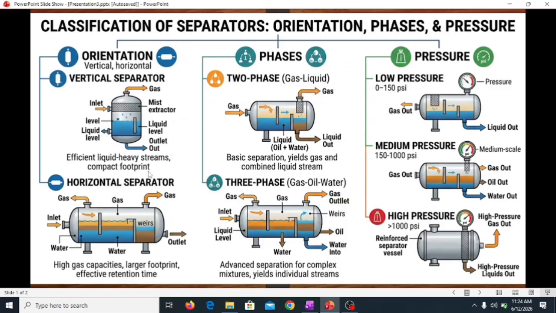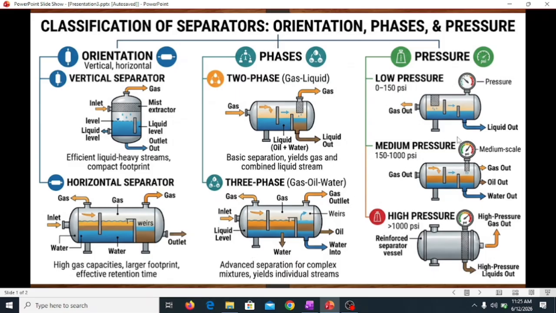After this video, these questions will be clear. You will know when we have to use a vertical separator and when a horizontal separator, the purpose and function of each. So let's come into it.